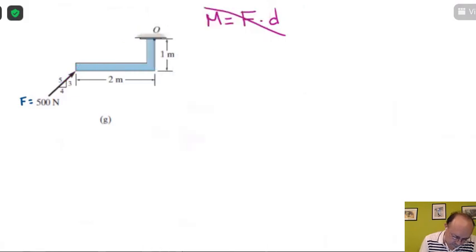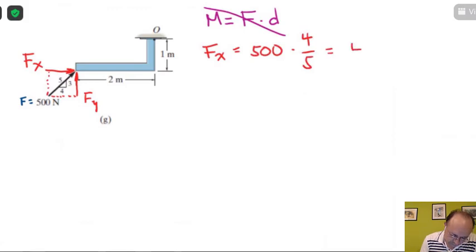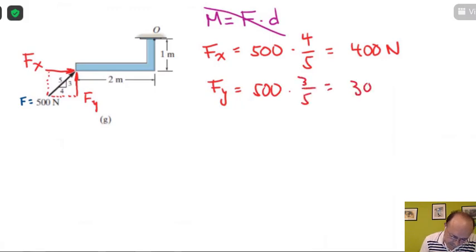If we get the components of the force here, the vertical component, let's call it Fy, and the horizontal component Fx, based on the 3, 4, 5 triangle here, we know that Fx is equal to 500 times 4/5, so it will be 400 newtons, and Fy will be 500 times 3/5, so 300 newtons.